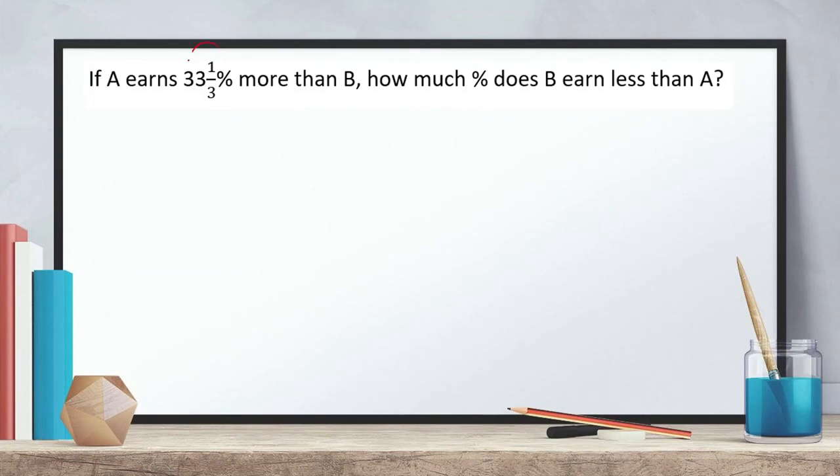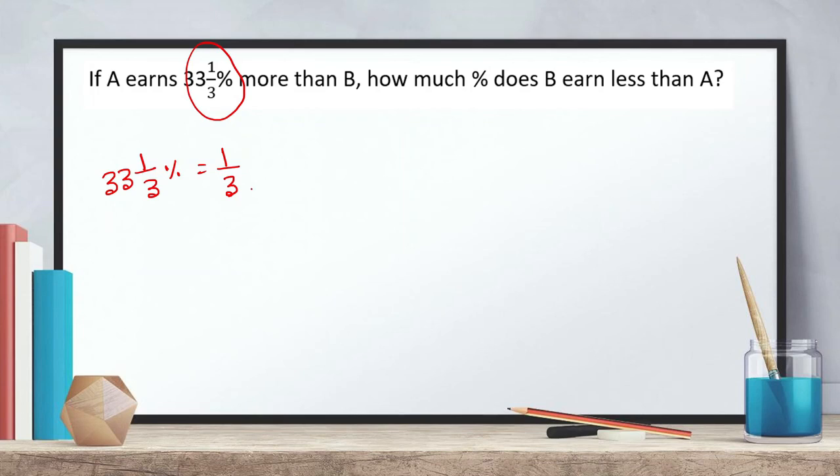So we know 33 whole 1 by 3 percentage is equal to 1 by 3. So how can we remember? You need to remember this. You have to remember this. There is no alternative.